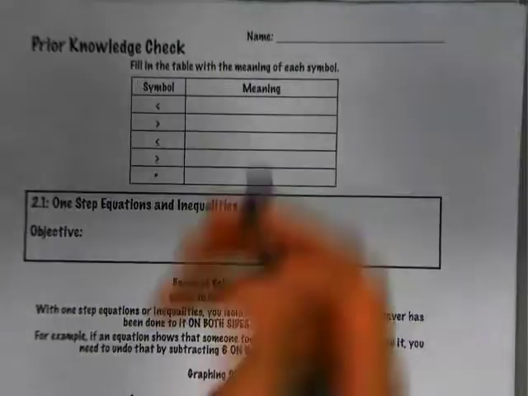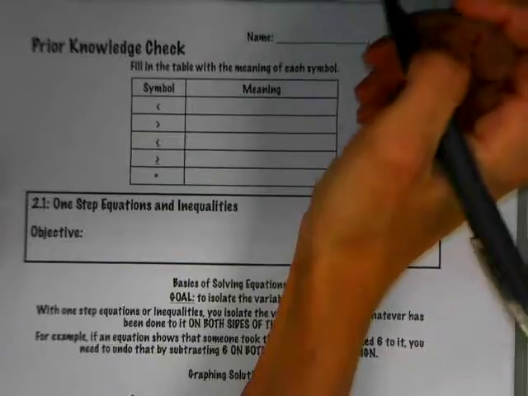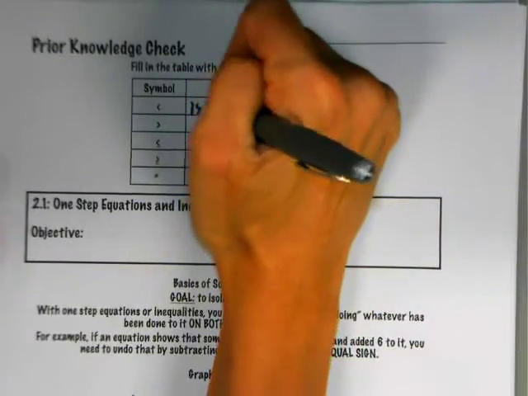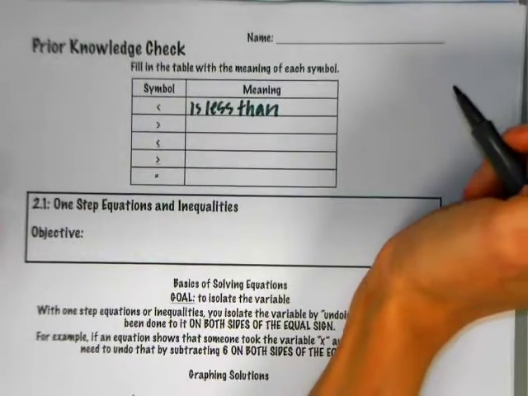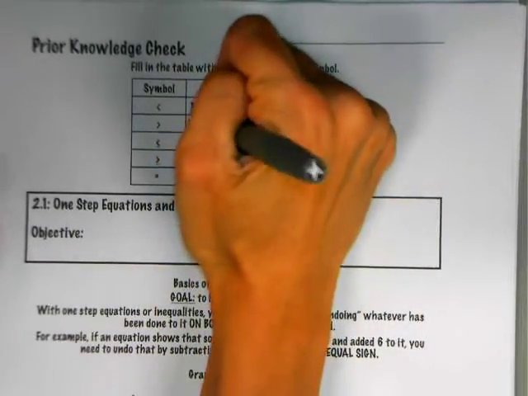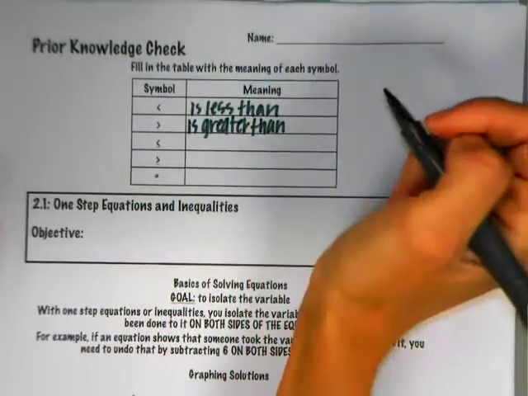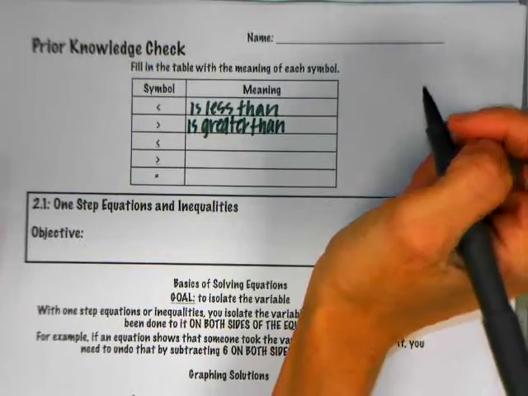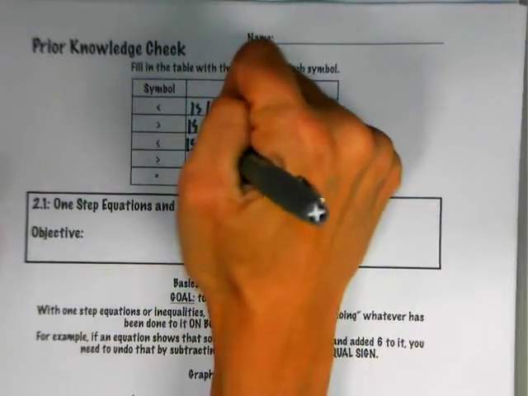So what does this first one mean? Yep, it's less than. Okay, what about the one below it? It's greater than. Okay, what about the one below that? Yep, so that one's going to be is less than or equal to.